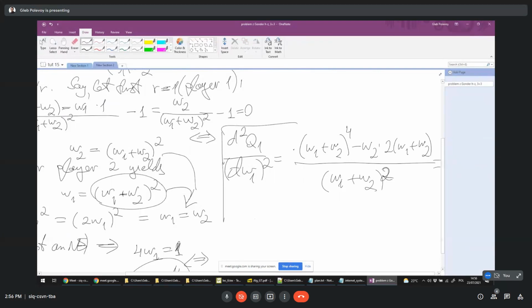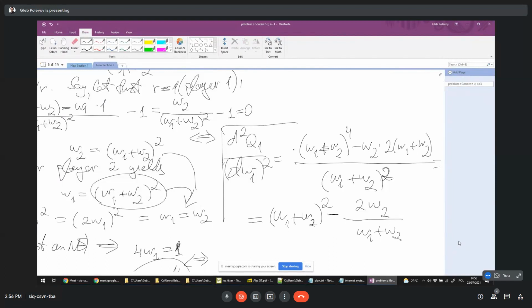So what is the value of that thing? I think it should be fine. So it's minus 2W2 divided by the sum W1 plus W2 cubed, right?